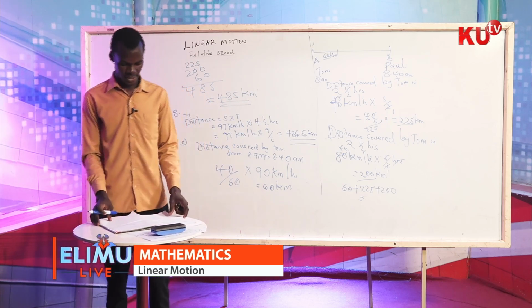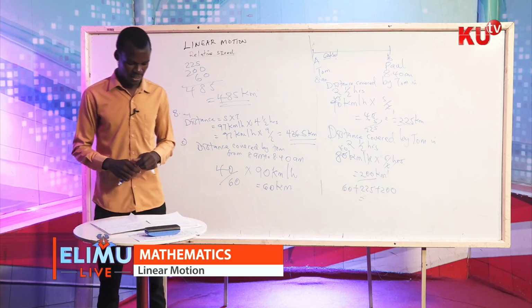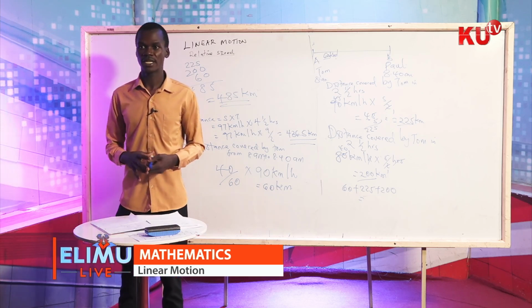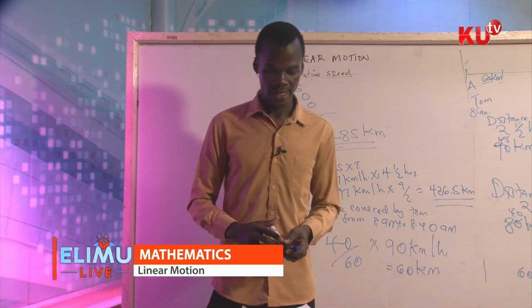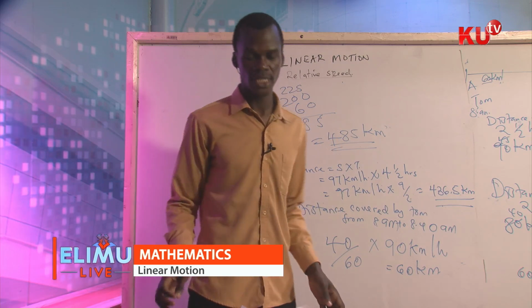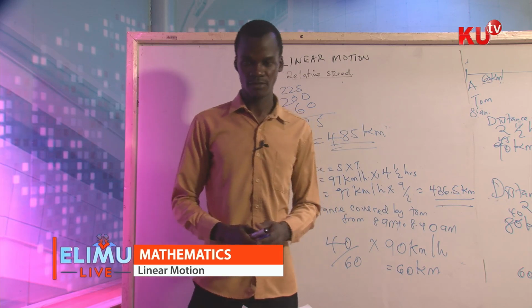So I hope that you have seen how to deal with the relative speed and how to do the calculations that involve the different directions, two bodies moving from opposite directions and two bodies moving in the same direction. And we have said that for the bodies that are moving in the same direction, you are going to subtract the speeds to get the relative speed.